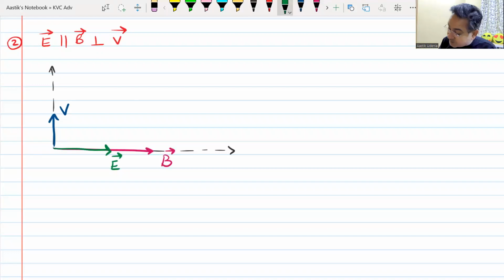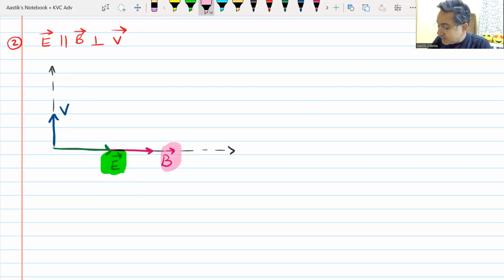What type of motion will this particle have? Because of this electric field, the x component of velocity will keep on increasing. Because of this magnetic field and this velocity v, the particle will move in a circle.